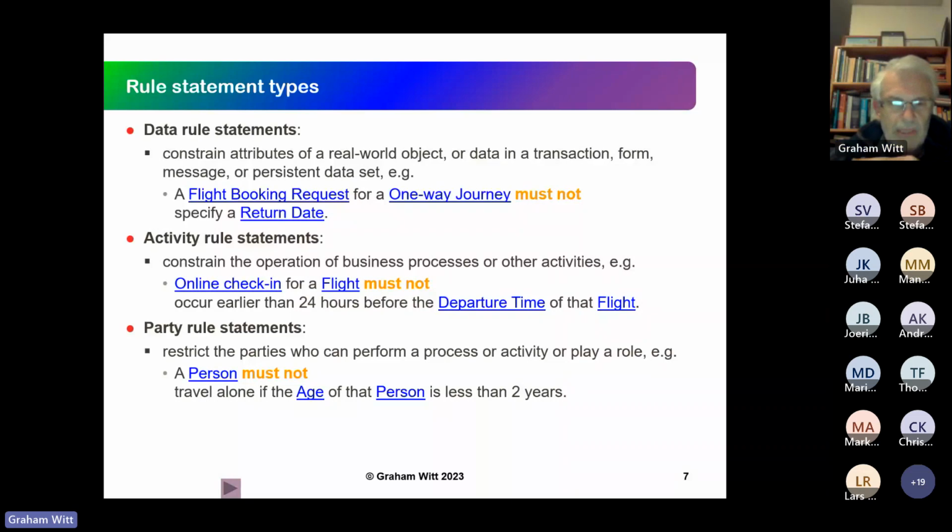If they're 2 years or greater, then actually, I was surprised that 2 years is the limit. I would have thought it was higher than that, but apparently some airlines do allow young people to travel. But of course, there are other rules that apply, that there must be someone to pick them up when they get there, and there must be an airline employee who escorts them onto the plane.